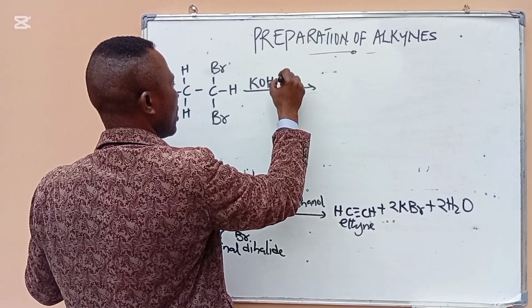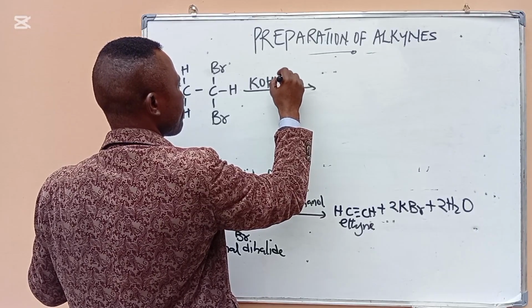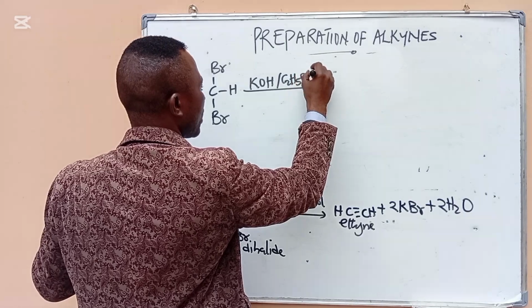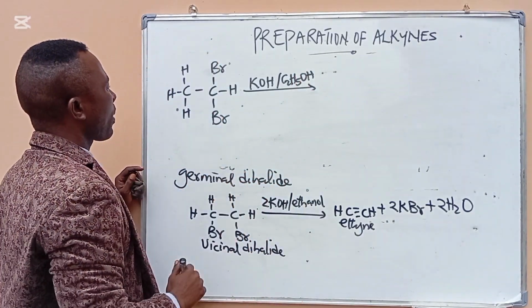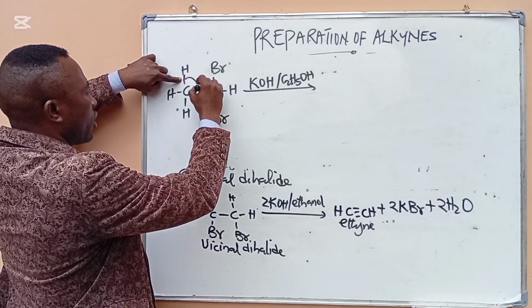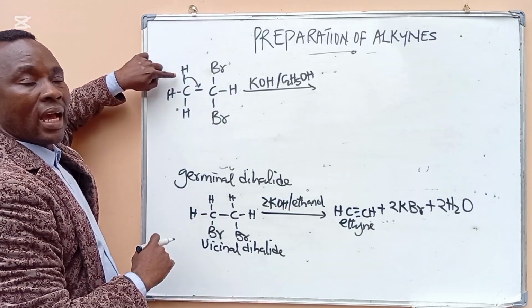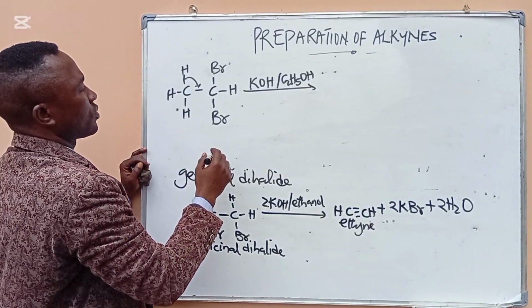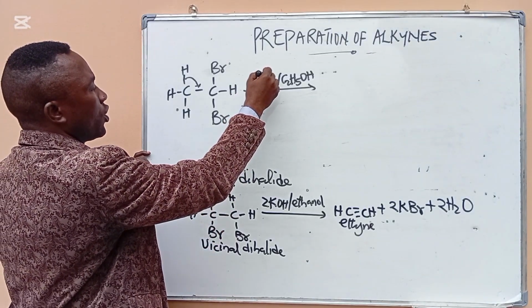Then we are reacting with KOH in ethanol, C2H5OH. So what actually happens is what? This hydrogen leaves, the bond comes here, because what is picking it is OH.